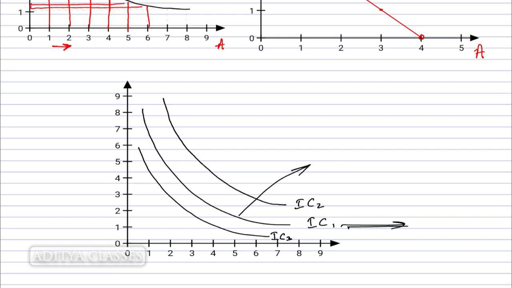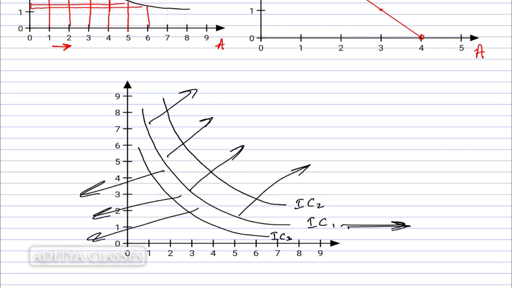This is my indifference curve to start with. As my income level increases, as I get more and more purchasing power, my indifference curve moves towards right. And as my purchasing power goes down, my indifference curve might move towards left. Now, purchasing power or my budget or my income or salary is only one factor governing the movement of indifference curve.